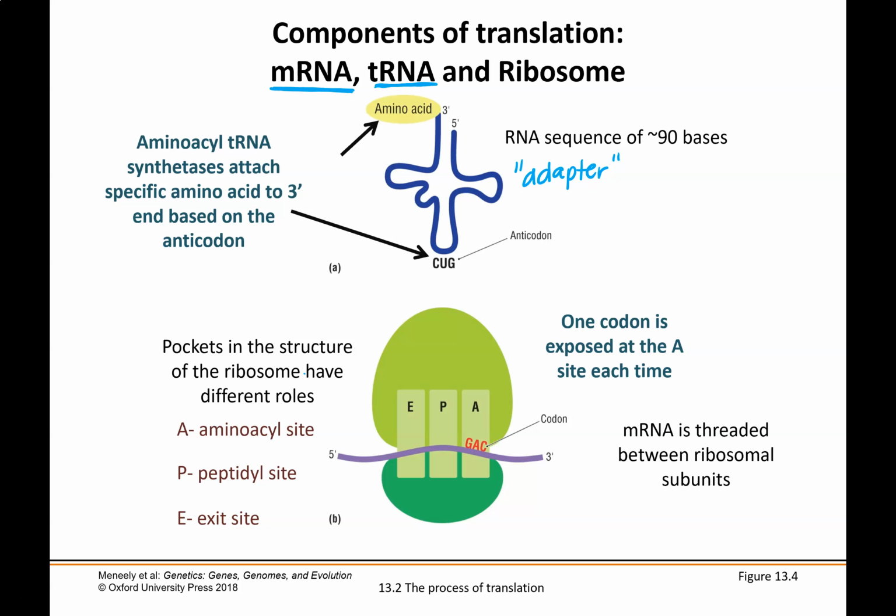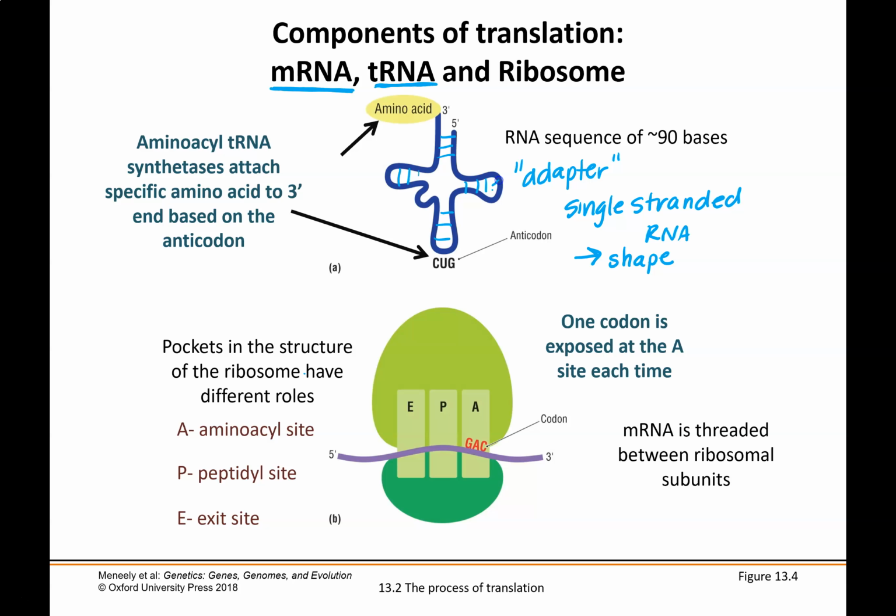So the transfer RNA takes on this hairpin structure. It is a single-stranded RNA, as most RNA are, and it has a very specific shape that comes about due to complementary base pairing within itself.